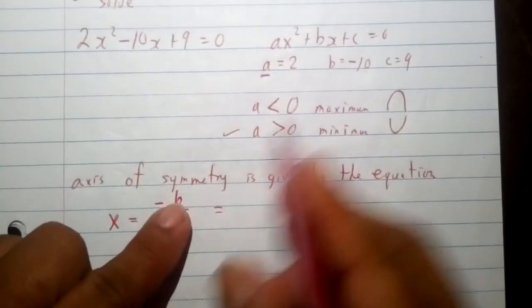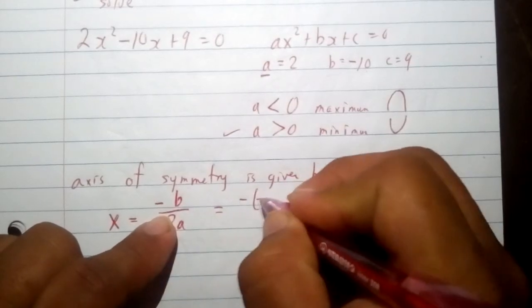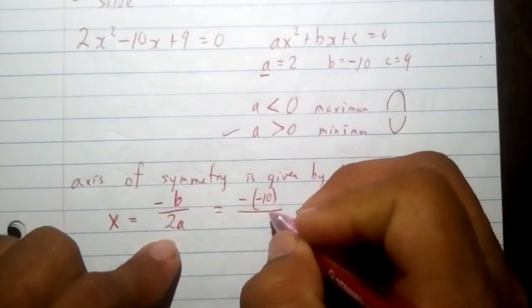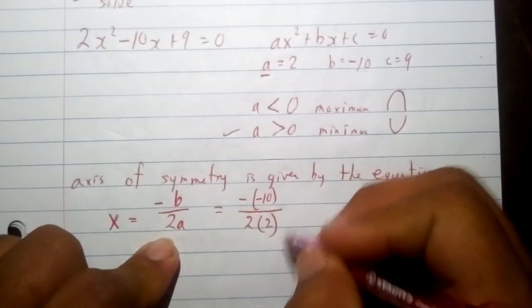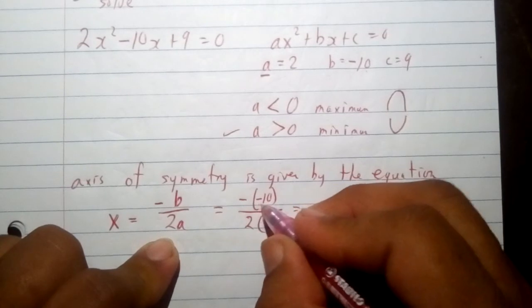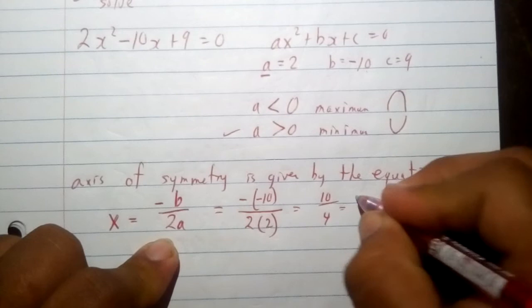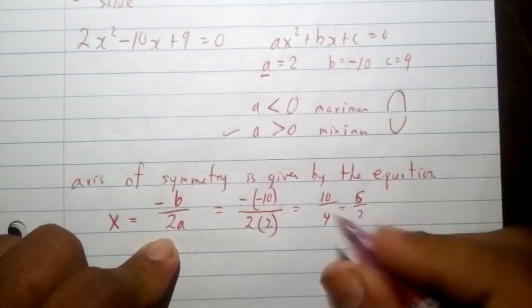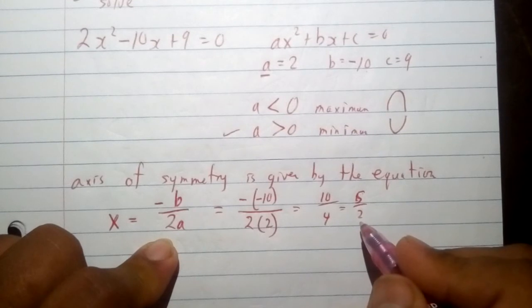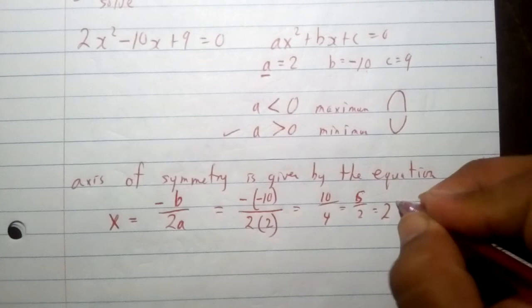For b, we know it is negative 10, so we put negative, open 2 times a, which is 2, bracket. So this negative and negative will give us a positive 10, and 2 times 2 will give us 4. So this gives us 10 over 4, which is 5 over 2, or this is equal to 2.5.